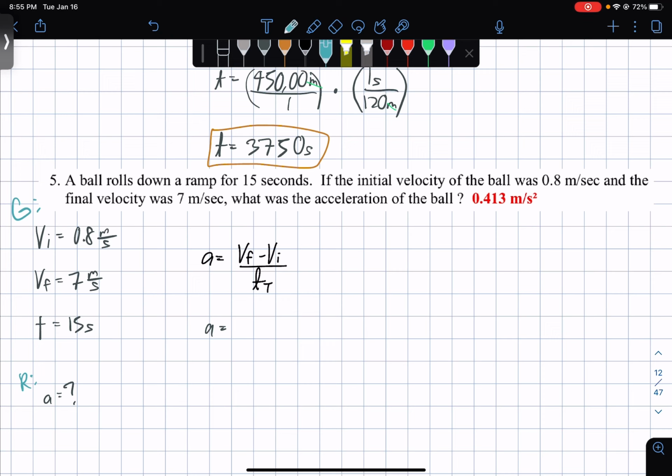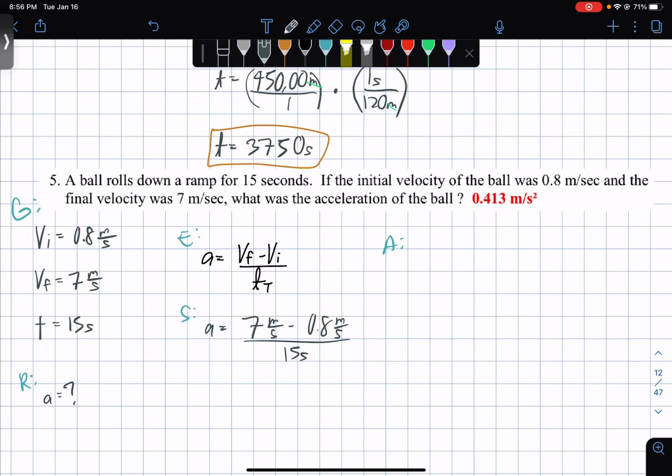And we have the formula, or the equation. And then we have the solution and then the answer. So solution, we have, wait, we have to write it the other way around. Vf is 7, so Vi is then 0.8. And then time total, we have 15 seconds.